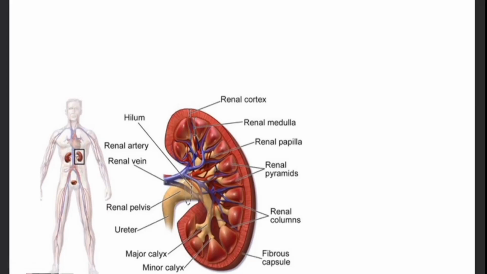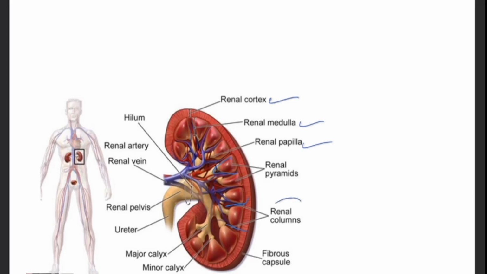This picture again shows the various parts: the renal cortex, the medulla, the renal papillae, the renal pyramids, the triangular regions, and in between the renal pyramids, the cortex is extending, and this is the region through which the vessels are also passing.